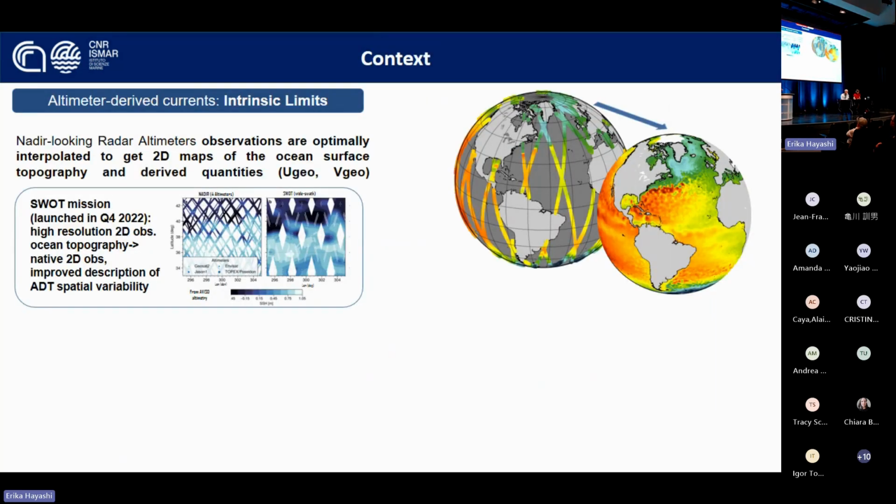So presently, we achieve a global scale monitoring at the operational level, relying on a constellation of radar altimeters. So altimeters do sample the ocean topography along one-dimensional tracks. After that, we are able to interpolate this information in order to get two-dimensional gridded absolute dynamic topographies, from which we can derive the surface currents through the geostrophic balance.